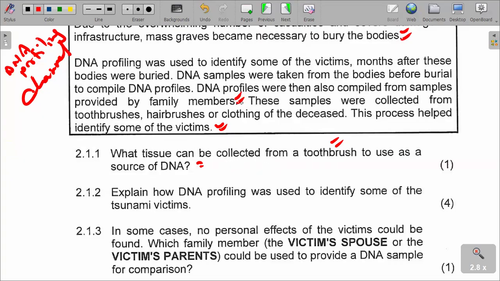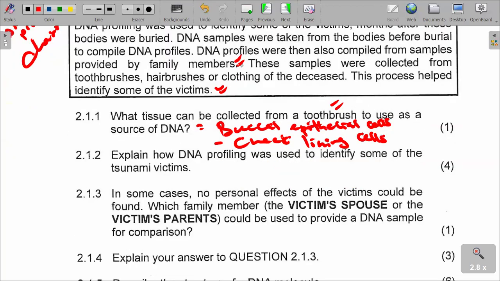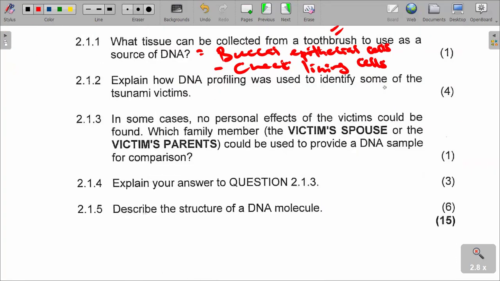We can talk about buccal epithelial cells, which are the cells found on the toothbrush. We can also talk about cheek lining cells. Cheek lining cells can also be used. They can also be found on these toothbrushes.